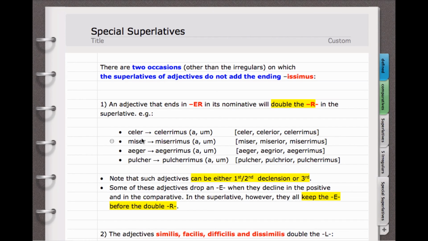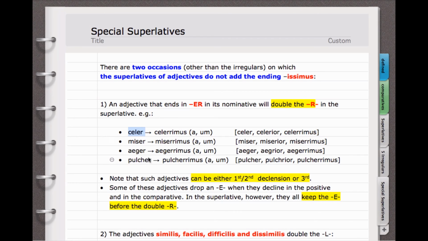Notice that these ER adjectives can either be, in their positive form, first second declension, like miser, acer, and pulcher, or they can be third declension, like celer. These are certainly the most common examples, but there are others out there.